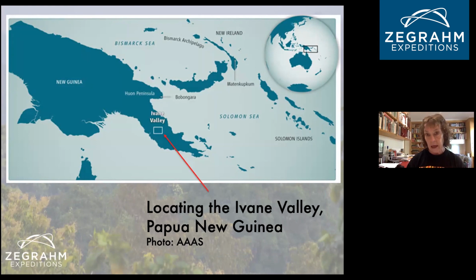They found animal bones, and they found stone axes that dated 49,000 to 44,000 years old. So if the early ancestors of Papua New Guineans today arrived 50,000 years ago, they were already up into the high mountain areas 49 to 44,000 years ago.